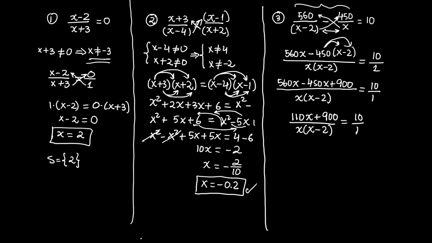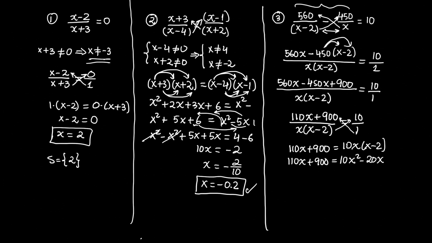Now I have fractions on both sides, so I multiply the top of one by the bottom of the other. So I have 110x plus 900 equal to 10 times x minus 2. So I have 110x plus 900 equal to 10x squared minus 20x.